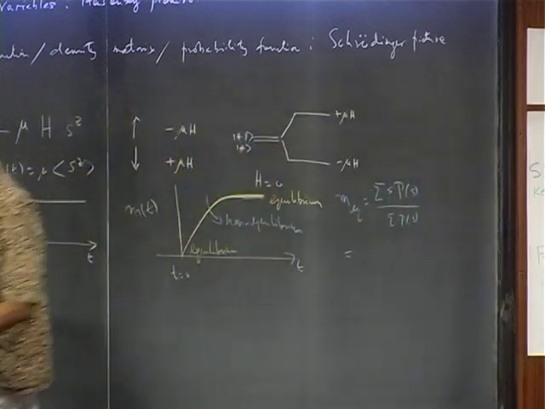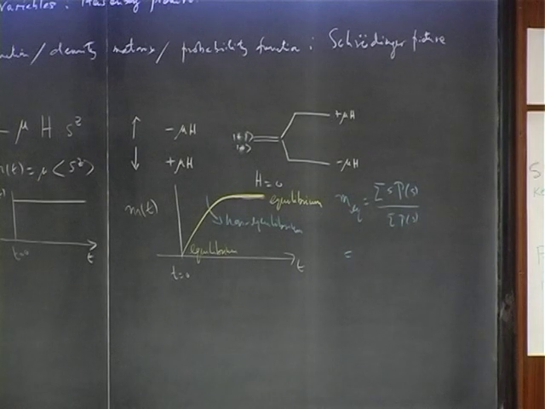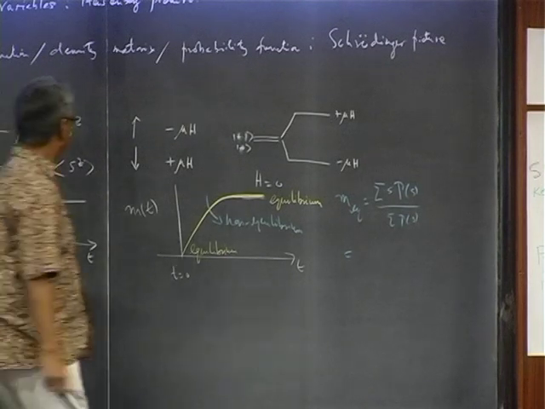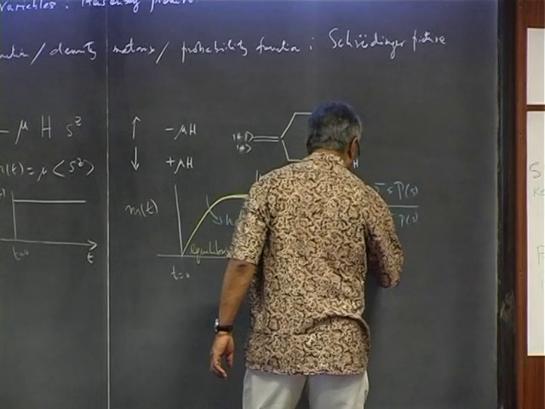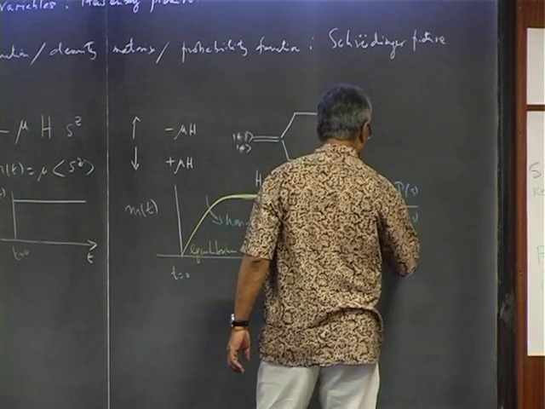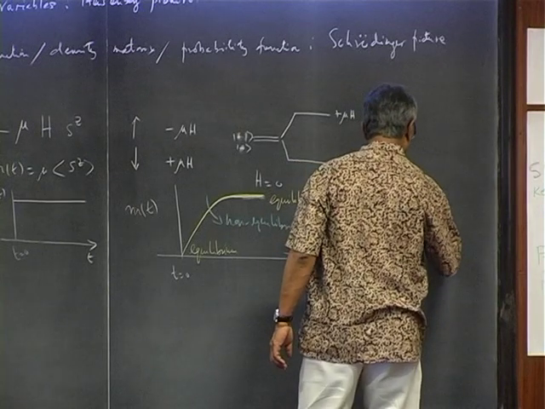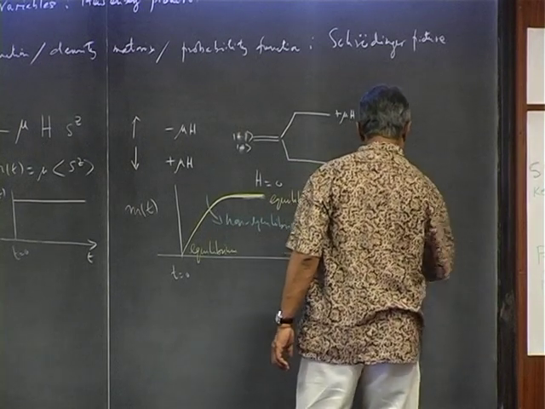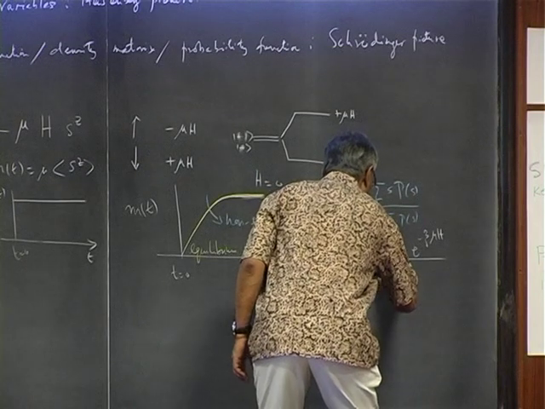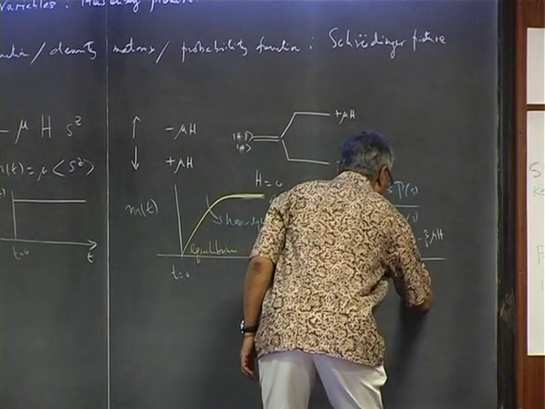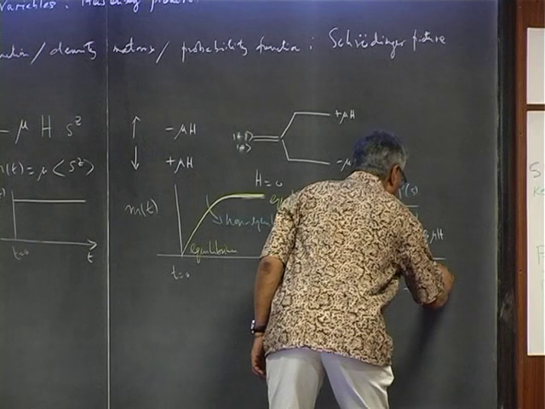So exponential beta mu h minus exponential minus beta mu h, divided by the partition function, which is e to the beta mu h plus e to the power minus beta mu h.